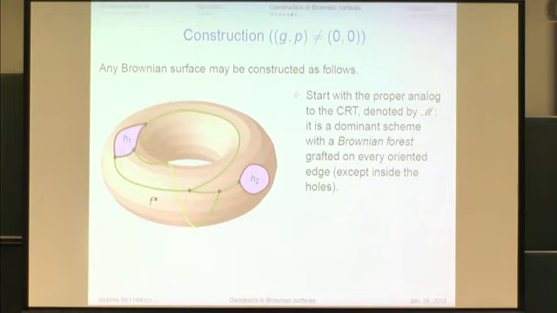What I do is graft a Brownian forest on every oriented edge of the scheme. If you don't know what a Brownian forest is, you can just imagine that I add Brownian CRTs according to a Poisson point process everywhere.